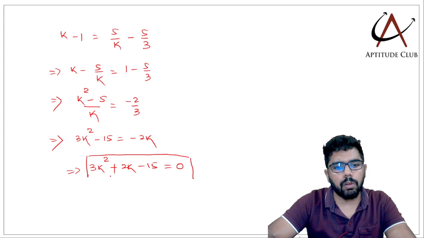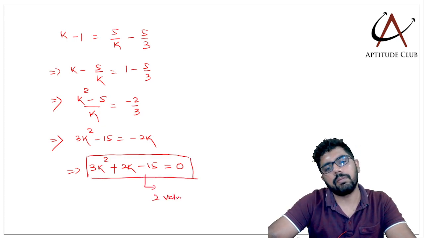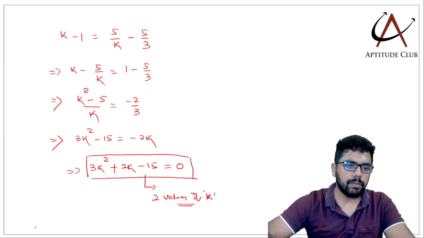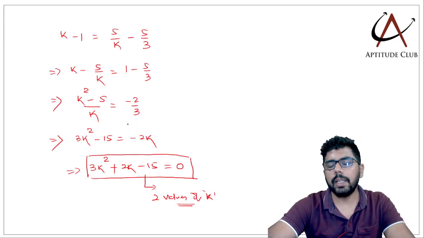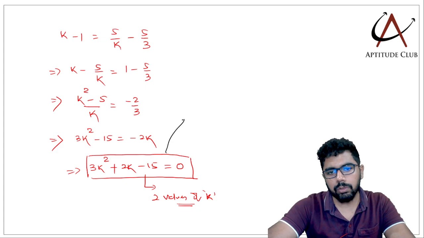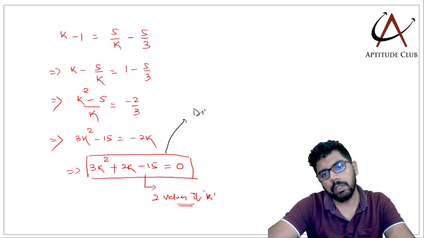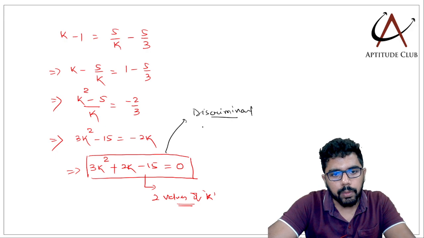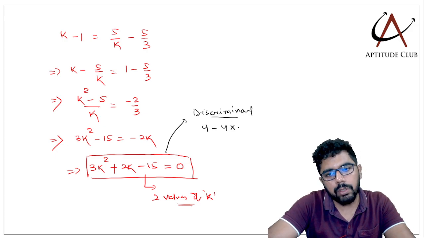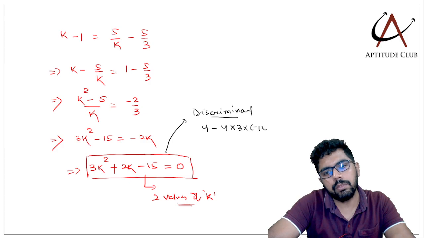Now because this is a quadratic equation, I'll get two values of k. Question was saying find the sum of all real values of k. Now will we get real values or imaginary values? So quickly let's calculate the discriminant. b square minus 4 into a into c, c is minus 15.